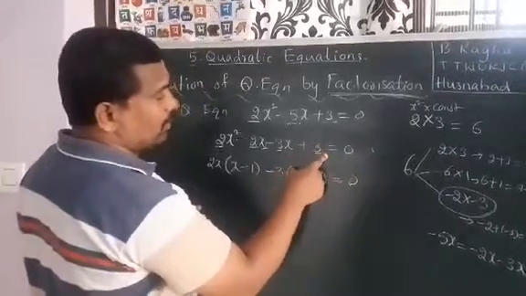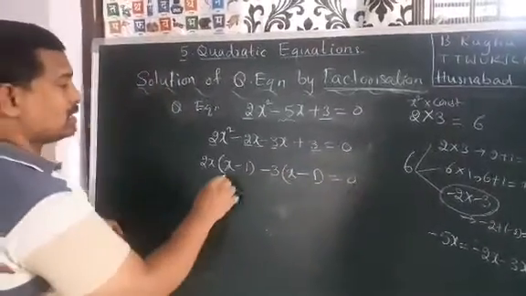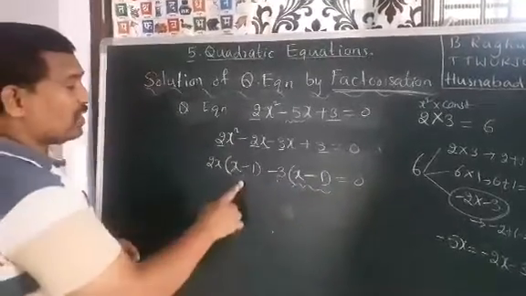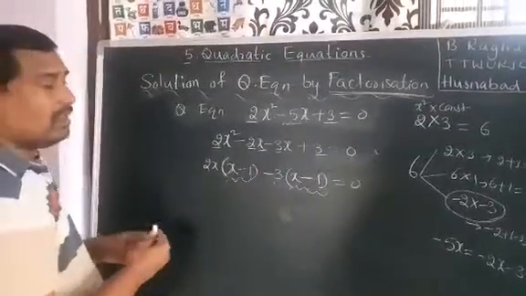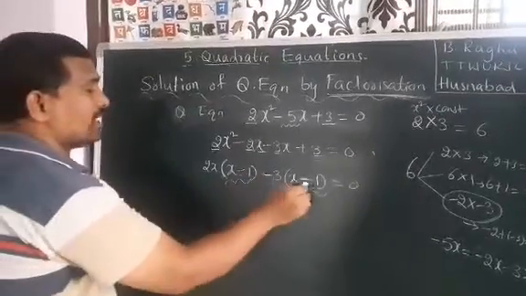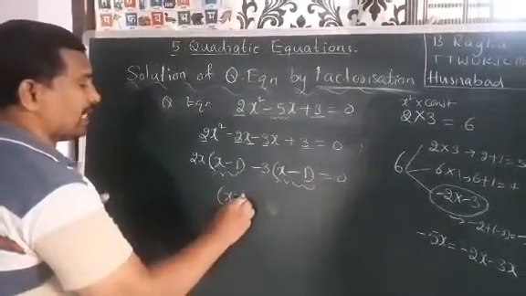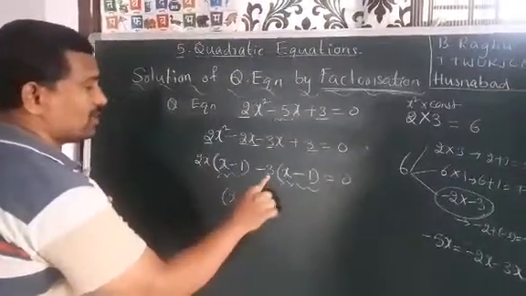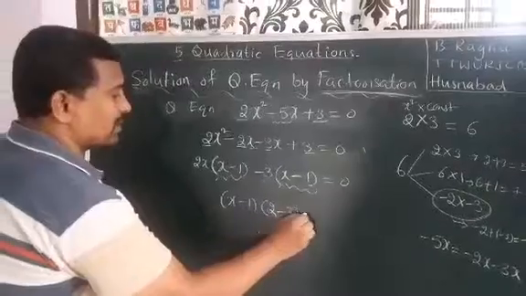So taking 3 common, here 1. Now these two brackets should be the same. If you are not getting these two the same, you are getting it wrong. So take x minus 1 common. What is here? 2x. What is here? Minus 3 equal to 0.